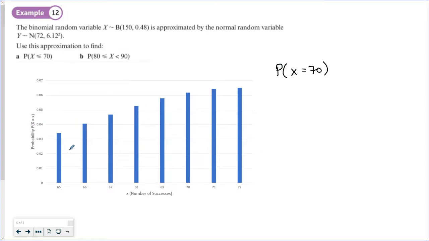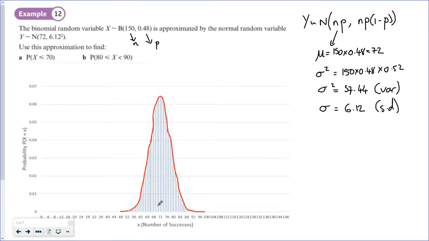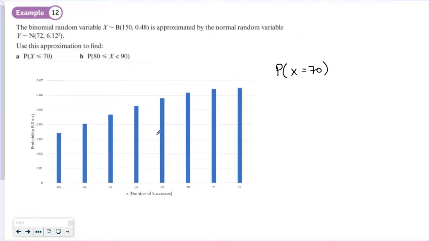I've just zoomed in on this bar chart onto the bar around 70, and this is what the chart looks like. Remember, what we're doing is drawing a normal curve over the top of these bars, and we're going to use the area underneath this curve to find the probability of x being 70.